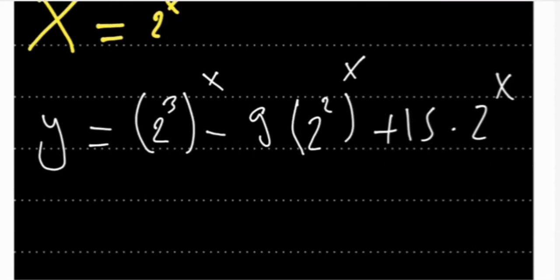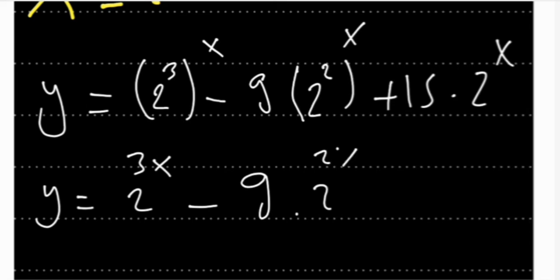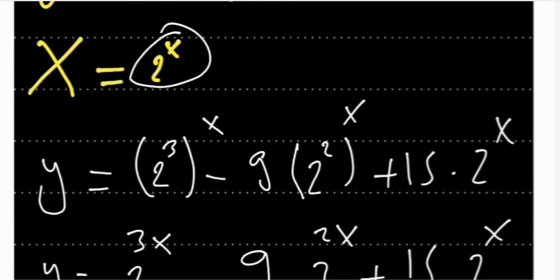Now how do we go on solving this? Remember, this just multiplies, right? I'm doing it slow just to make sure that everyone's following. So 2 to the 3 to the x minus 9 multiplied by 2 to the 2 multiplied by x plus 15 multiplied by 2 to the x. Now look, 2 to the x is big X. So how do we represent this?